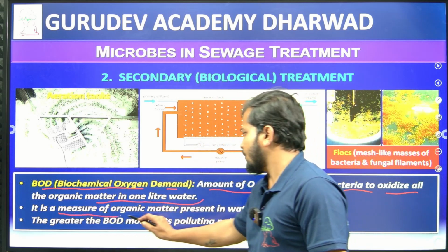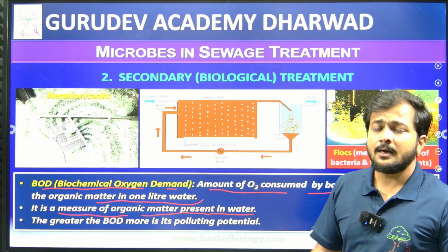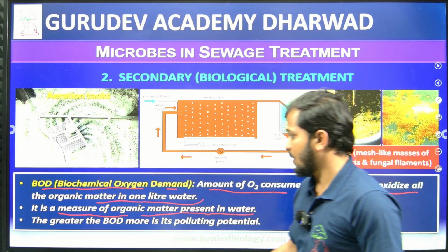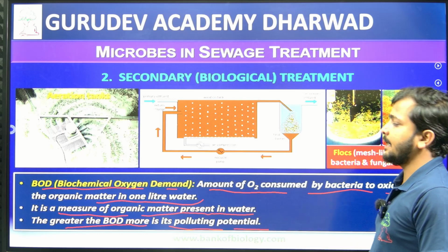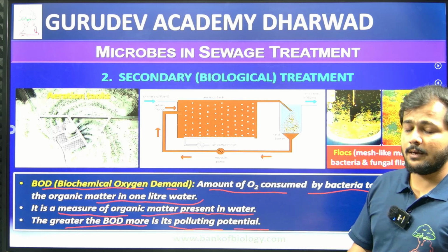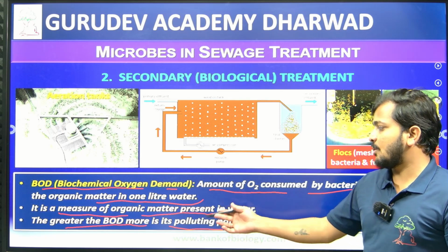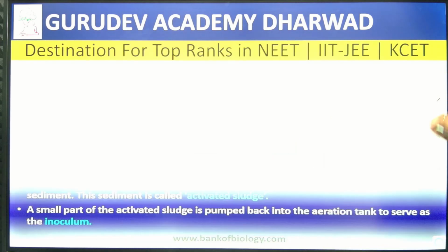It measures the organic matter present in water. The greater the BOD, the more is its polluting potential. So if the BOD is more, then the water is more polluted.